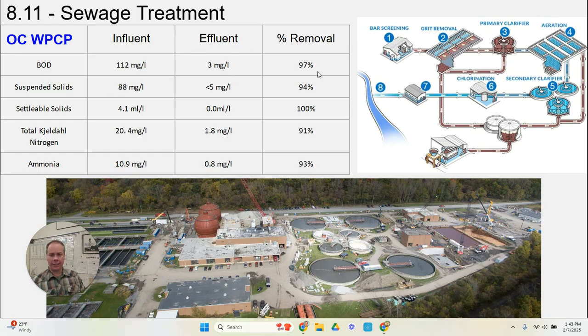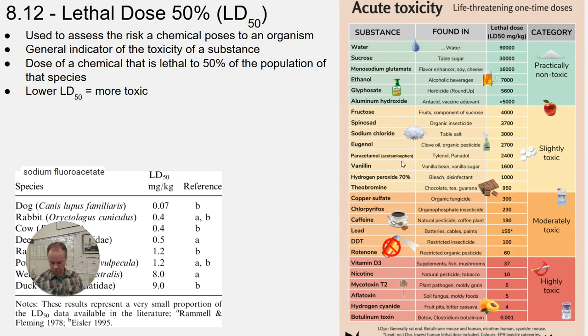Again, about 97% of the BOD is removed, 94% of suspended solids, all of the settleable solids, and the vast majority of the nitrogen is also removed through these processes. And so that water then gets put back into effluent, and the process repeats.